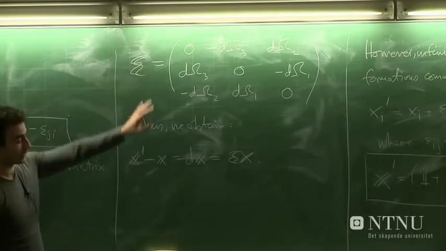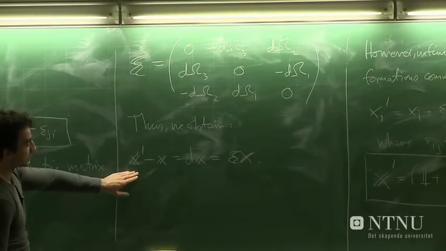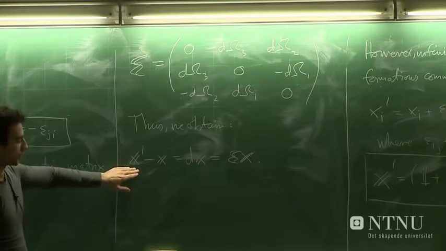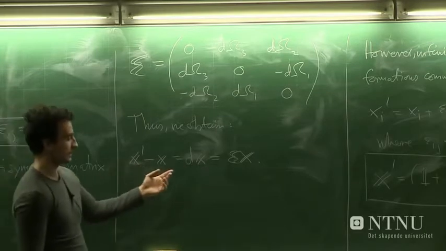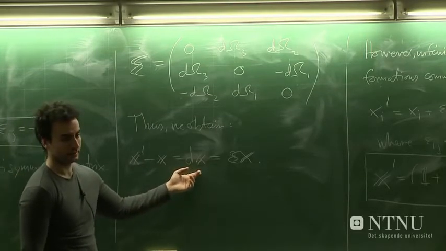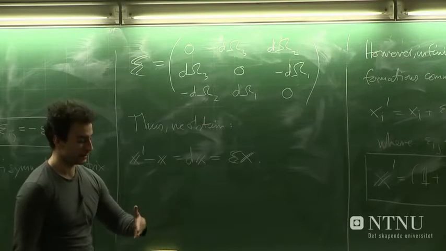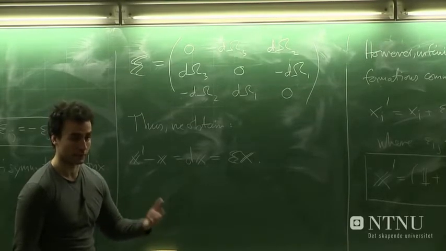So with this epsilon matrix, we can now say something about the difference between the rotated vector and the original vector. And we can denote this as dx, so the infinitesimal change in the vector as it has been rotated.